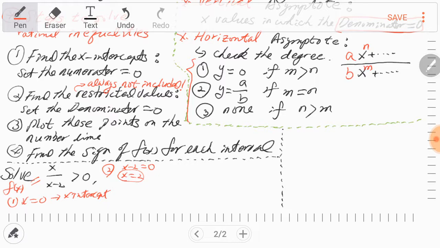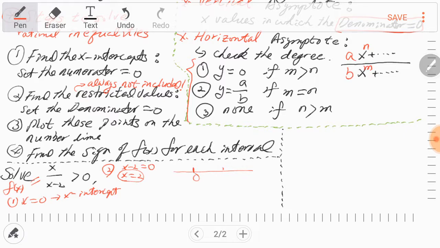Number 3 is plot the points. So plot the x-intercept. When x equals 0, then y equals 0, right? And x equals 2.